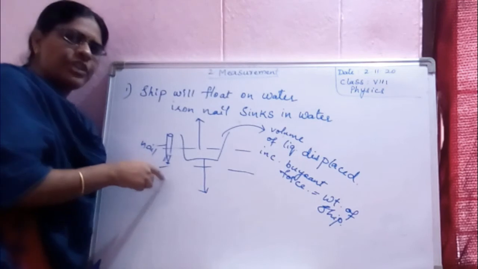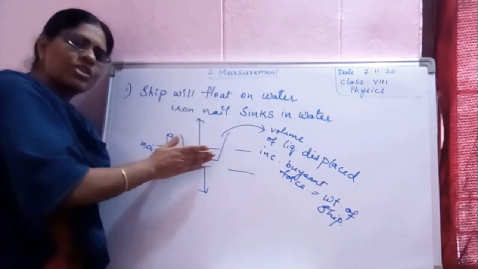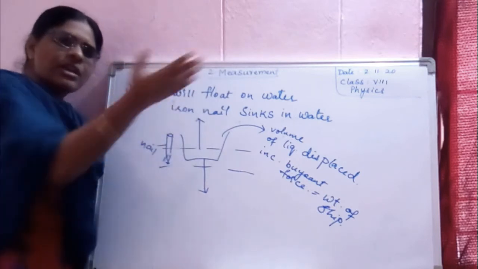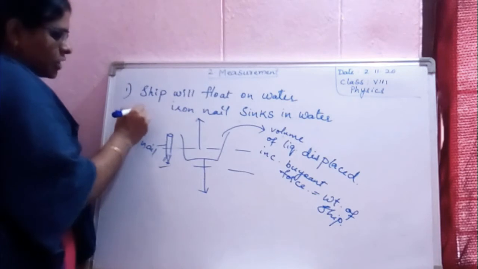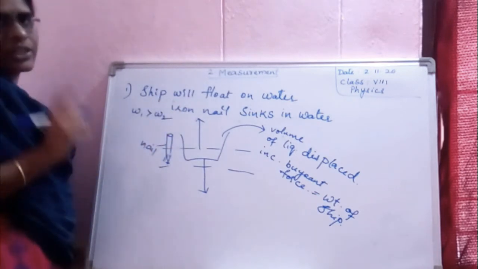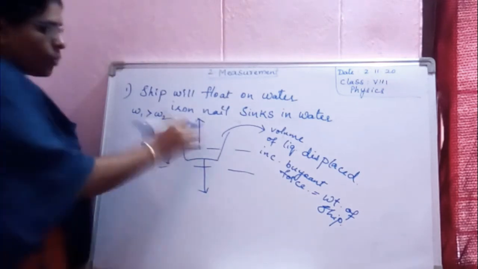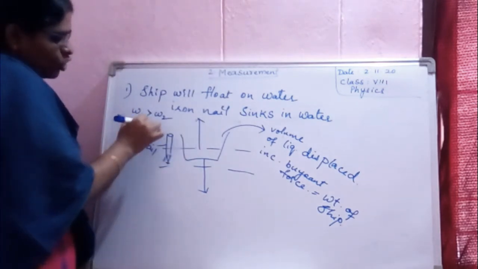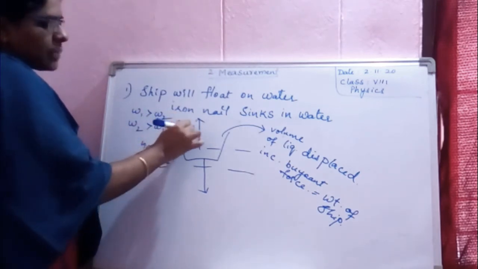I have told you now, when this force is more, does the object move like a floating? I have told you, when W1 is greater than W2, I have given you the conditions. The object sinks. When W2 is greater than W1, the object, what happens?